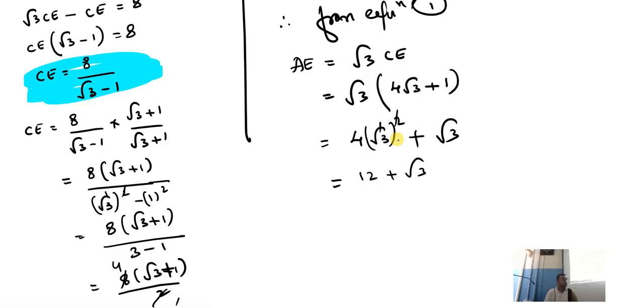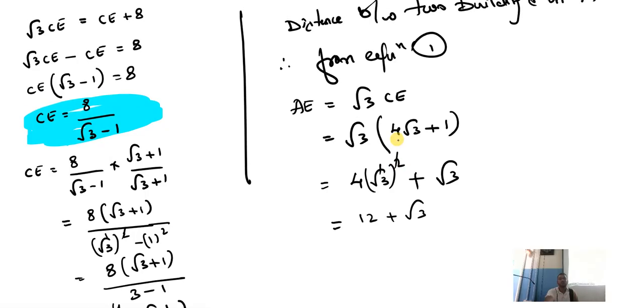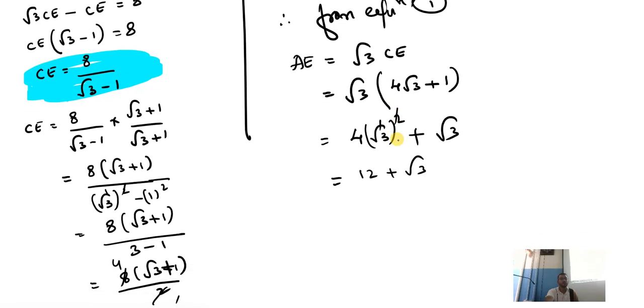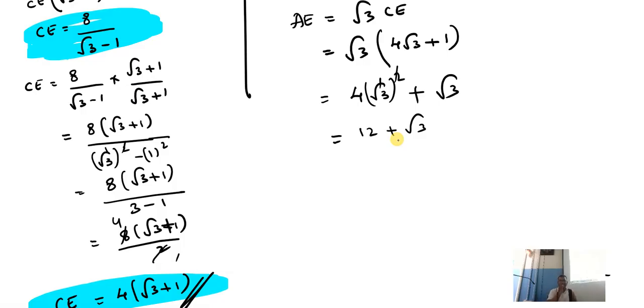So earlier, what was the value we got in the before case? 12 plus root 3. How can we take common here? We can't take common.